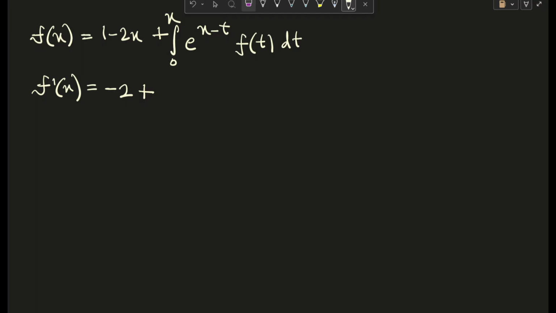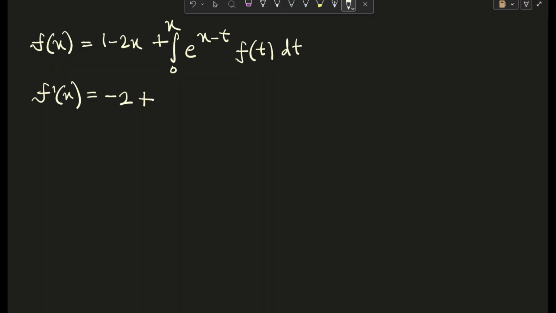Okay, there is nothing missing. So basically we had e power x minus t, right? So I would have done that here only. I can write this as 1 minus 2x plus e power x, which I'm taking outside because it has nothing to do with this integral, and we will have integral 0 to x of e power minus t f of t dt.